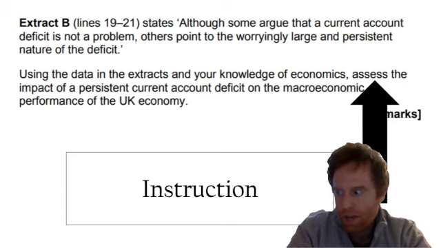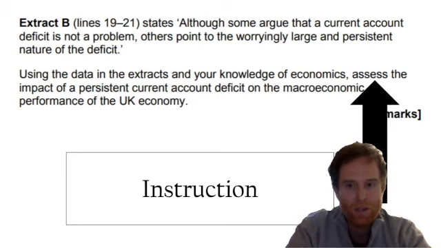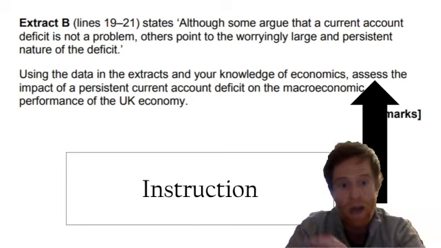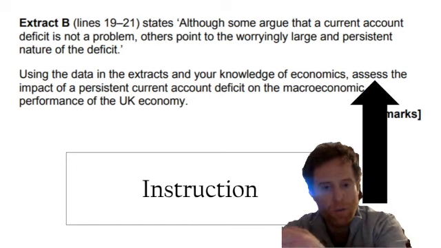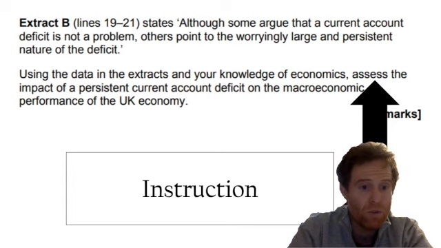Some students, especially in section C, where maybe they're starting to run out of time, if you just leave it all to the end and you do run out of time, and this is the worst case scenario, then you might not have much evaluation at all, and you're going to limit your marks again. So by evaluating throughout, the examiner is going to look, and he or she is going to be like, yep, there you go. AO4 marks, straight away, evaluation, give it a tick. And that could be in the very first argument.